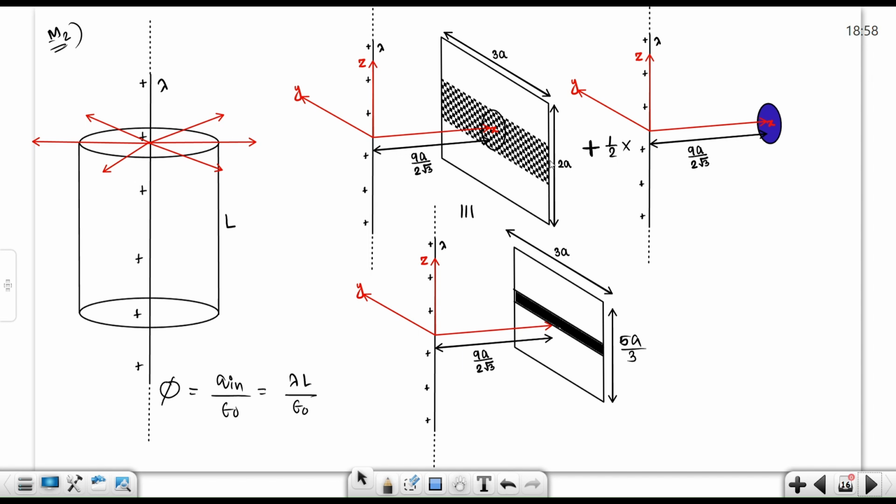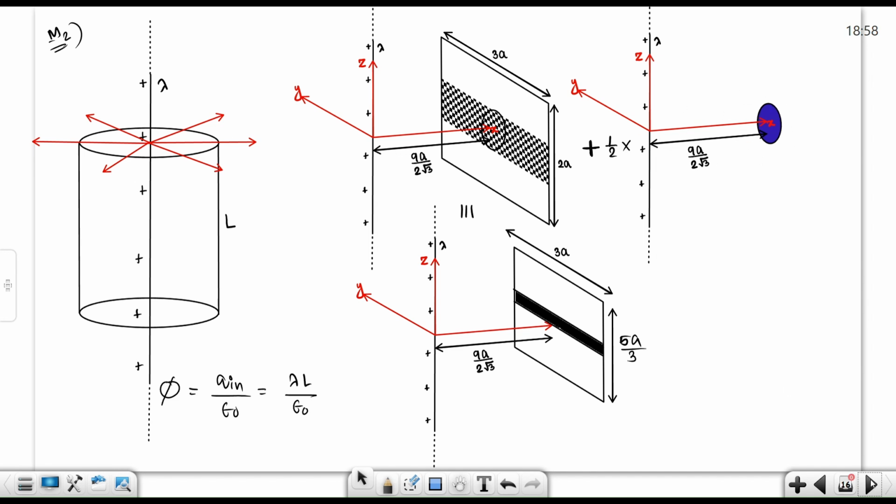That means half of 2a upon 3, so a upon 3. Then the flag will look like this with a solid part like this, and its total width will be 5a upon 3. 2a upon 3 plus a upon 3 plus 2a upon 3, that's 5a upon 3. Now I will calculate the flux through this, and I will add the flux through this circular part.